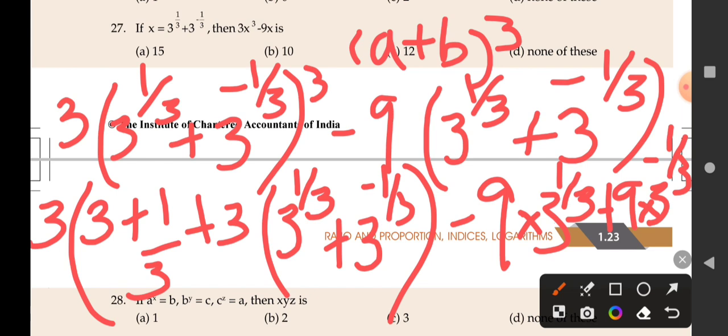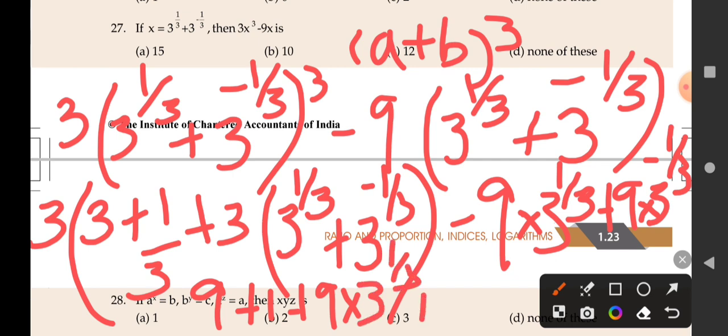So let us expand this one. 3 into 3 is 9, plus 1, plus 9 into 3 raised to 1 by 3, plus 9 into 3 raised to minus 1 by 3, and this above term completely is in negative, and I have written this incorrectly.